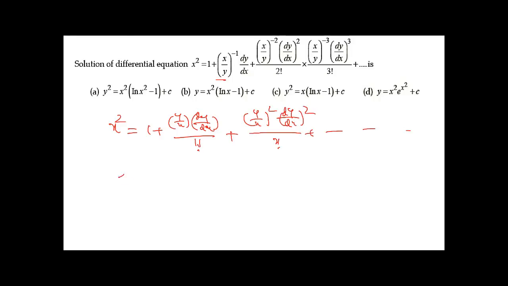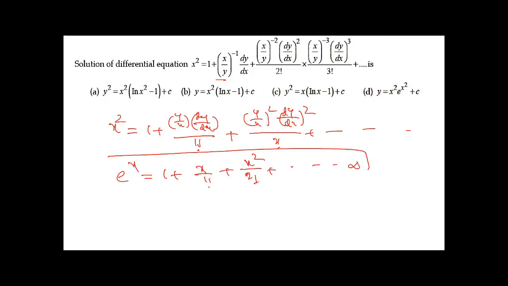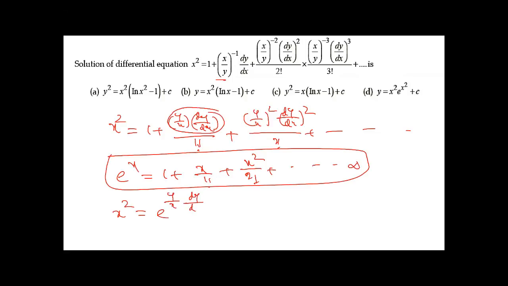We have one property, the expansion of e power x: 1 plus x by factorial 1 plus x square by factorial 2 and so on. This is the expansion of e power x. So the entire value is x square equal to e power, nothing but y by x dy by dx. That is the x square value.